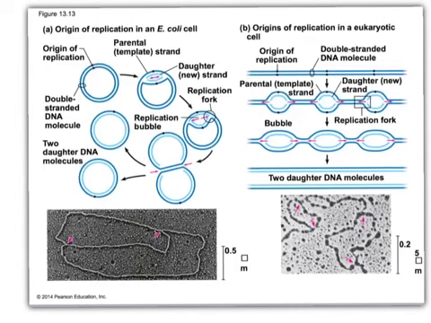What is a difference between the genome or the DNA of eukaryotic cells versus prokaryotic cells? How are they structured? What's that? What's found in the nucleus? DNA is found in the nucleus. All right. Eukaryotic DNA is found in the nucleus in eukaryotic cells.